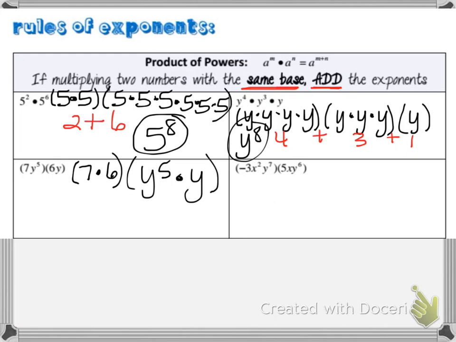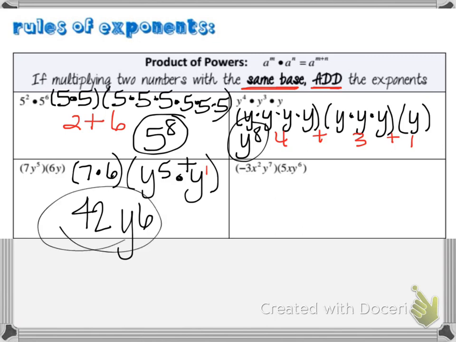Now, y to the 5th is 5 y's, and then y without the exponent, remember that there is an invisible 1 there. So then you multiply your 7 times 6, which is 42, and then you can take your 5 and add your 1, so you get y to the 6th power, and you're finished.